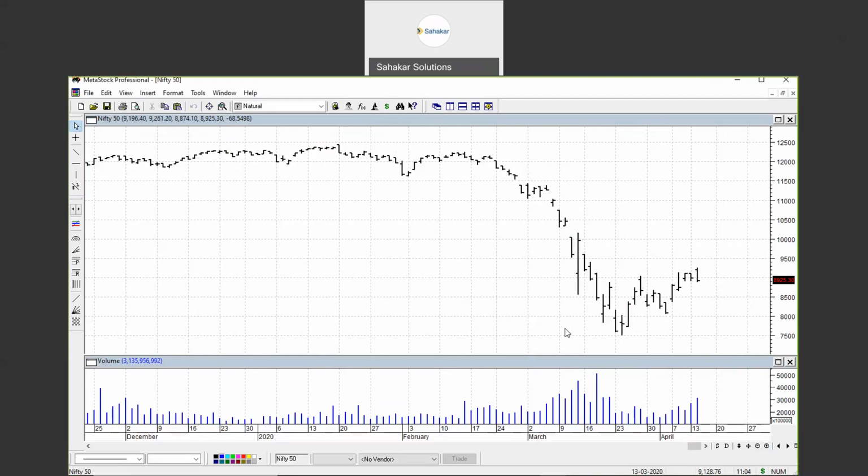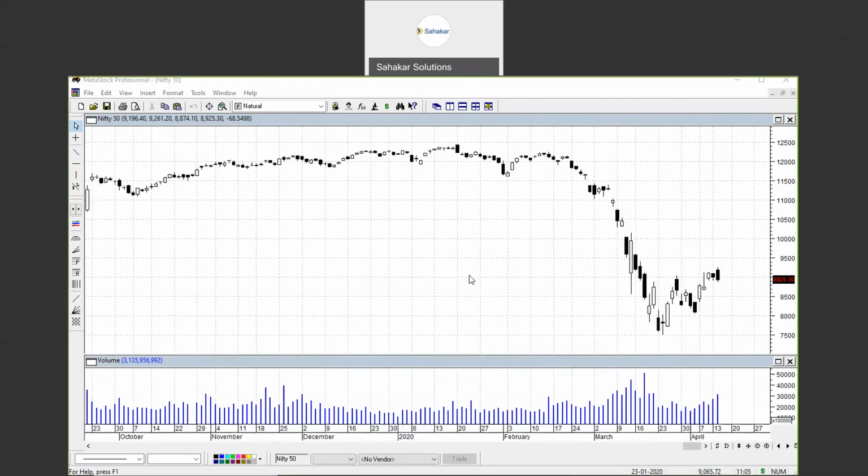We will see the third one. Kind of chart. This is called as candlesticks.